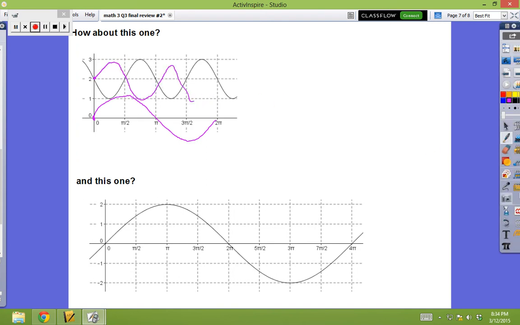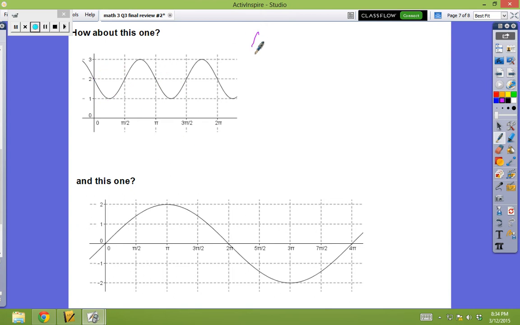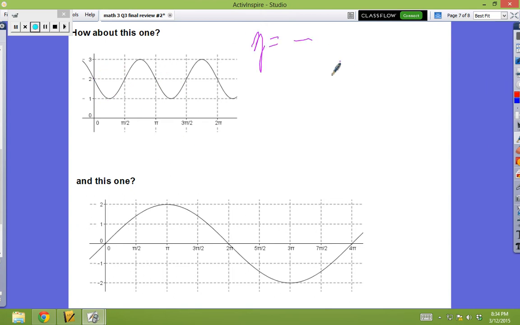So this one has been flipped, so it's going to be y equals the negative. Okay, now there's my halfway, and my maximum is up here at 3, and my min is at a -1. So my amplitude is just 1. And I don't even need to write that. So it's -1 times the sine.